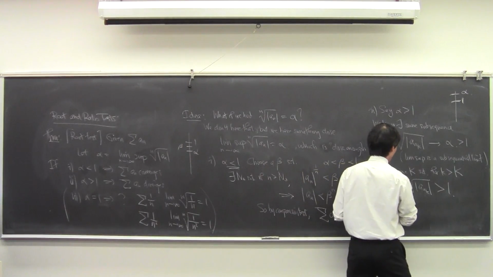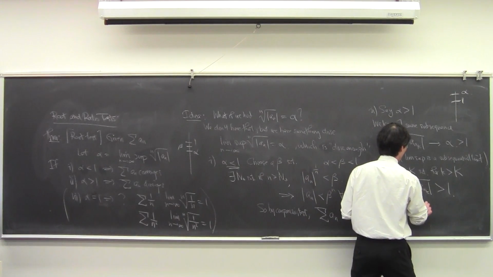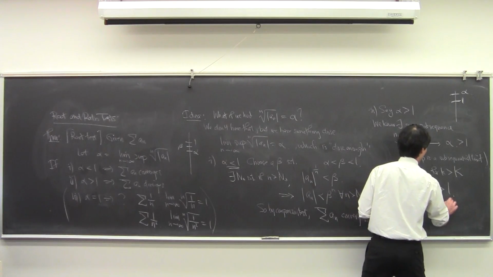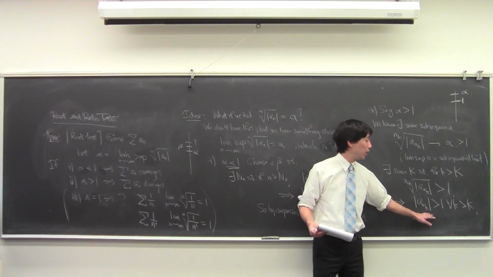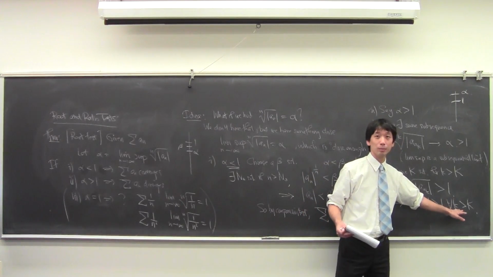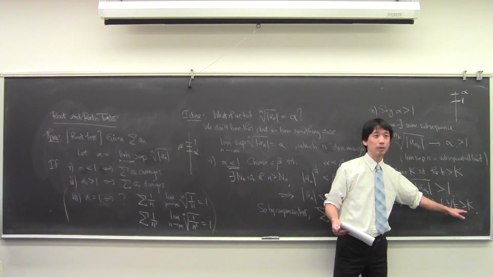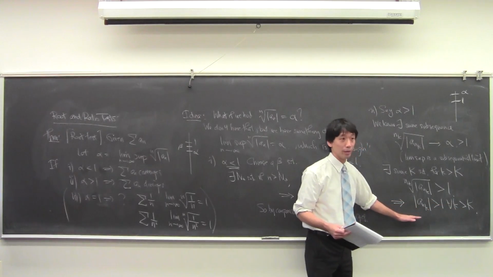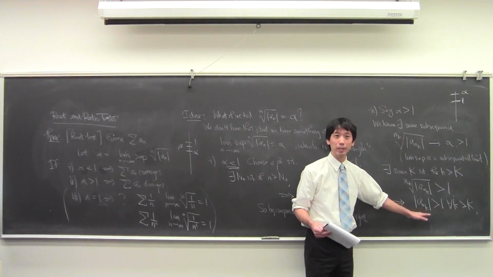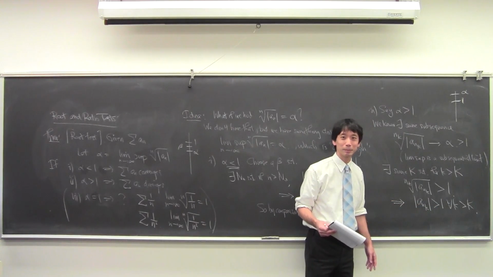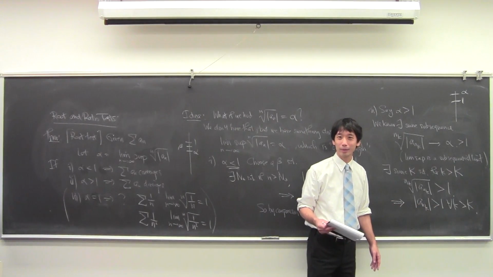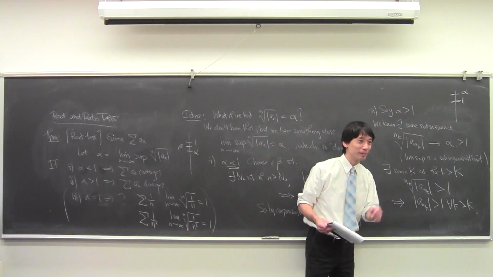So that means that the size of the terms are all bigger than 1 past some point. But that means that we fail to converge because of what? Because of the something test. The comparison test?